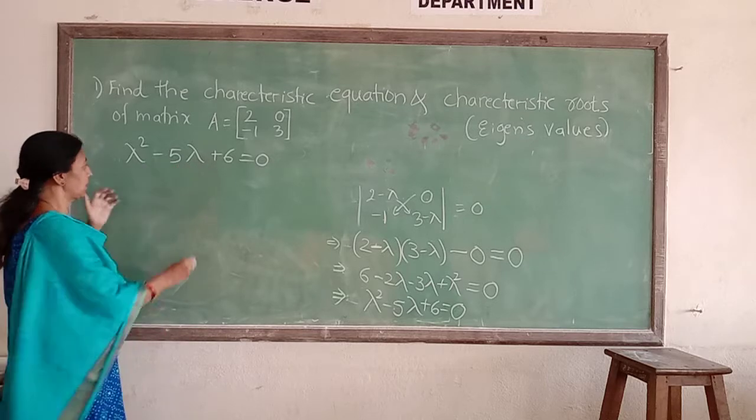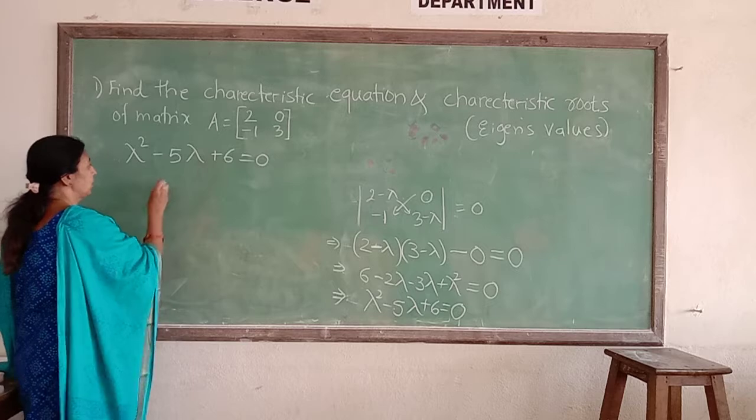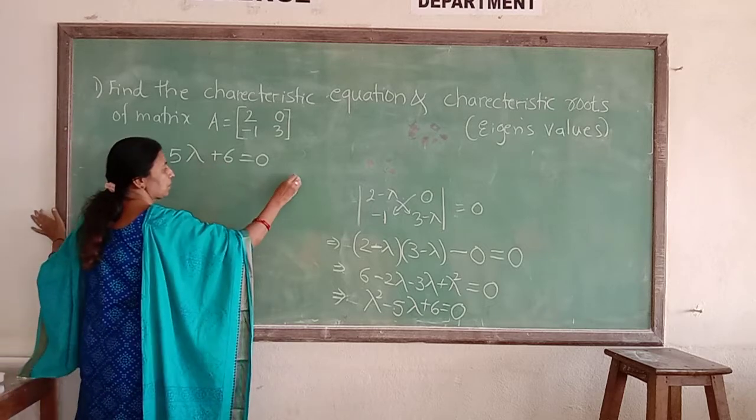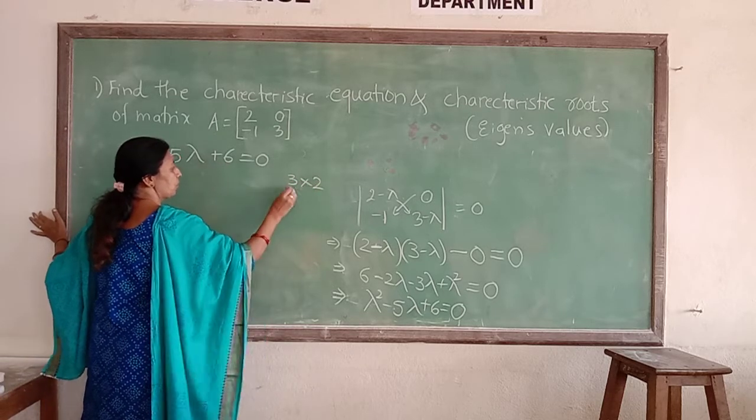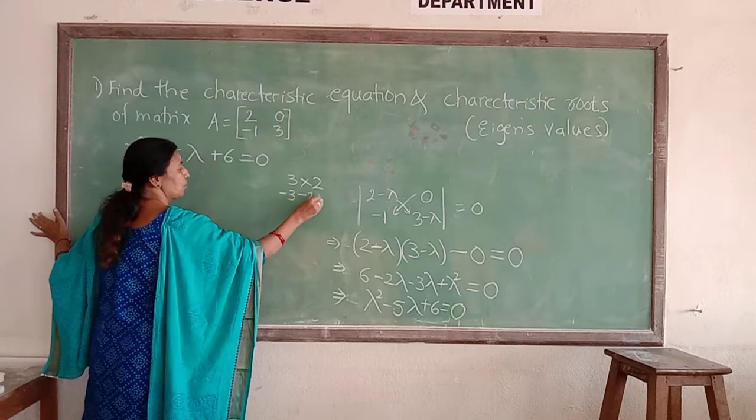Factorize this. What are the multiples of 6? 3 into 2. So we want minus 3 plus minus 2 equal to minus 5.